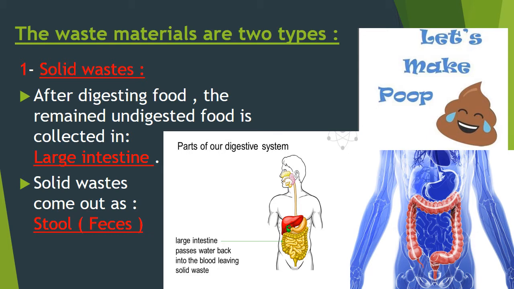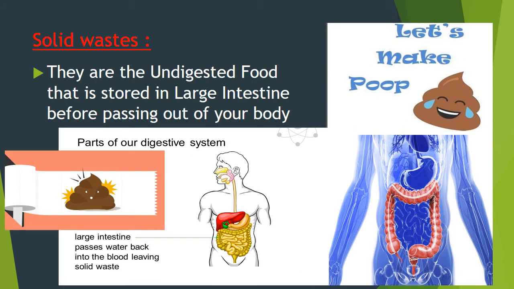So let's revise it one more time. The first type of waste material is solid wastes. It's collected in the large intestine and comes out as stool or feces. Let's define solid wastes. They are the undigested food. Yes, we have said it before.